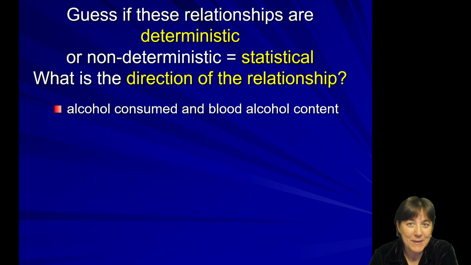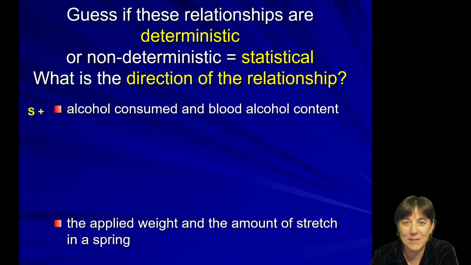It's non-deterministic, it's statistical, because people are different in how they deal with alcohol in their biological system. And it's a positive relationship. Definitely the more alcohol you drink, the higher your blood alcohol level will be.